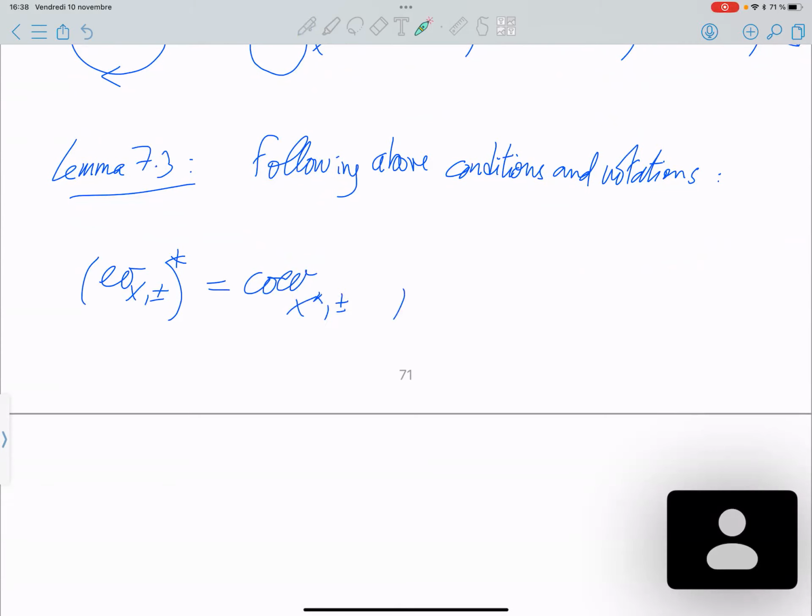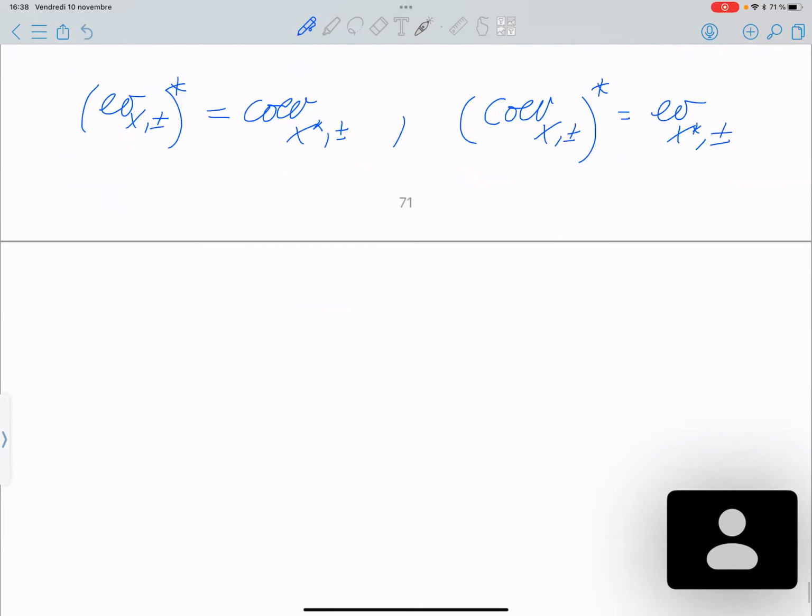So you keep, this is exact, so you replace the X by X star, but you keep the orientation. You keep the plus, you keep the minus. And coev X plus minus, as you can expect, is ev X star plus minus. And the proof is also straightforward using zigzag relation, etc.